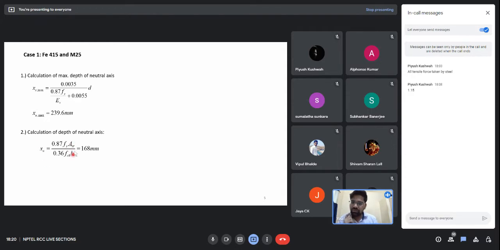After equating these two, what I get is the actual depth of neutral axis. This depth is for our section, because I am using the section properties in Ast, the fck value and the b value. For these section properties I am getting the actual depth of neutral axis. Now you can see this xu is less than xu max. Okay, what does this mean?